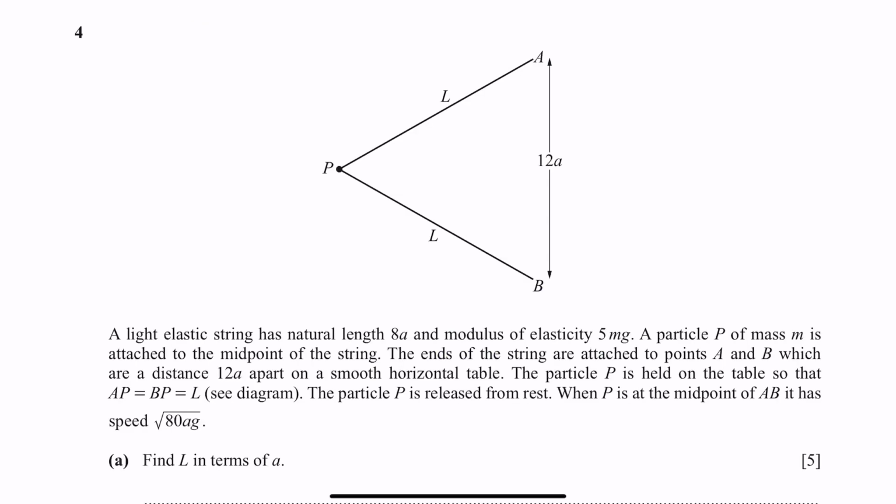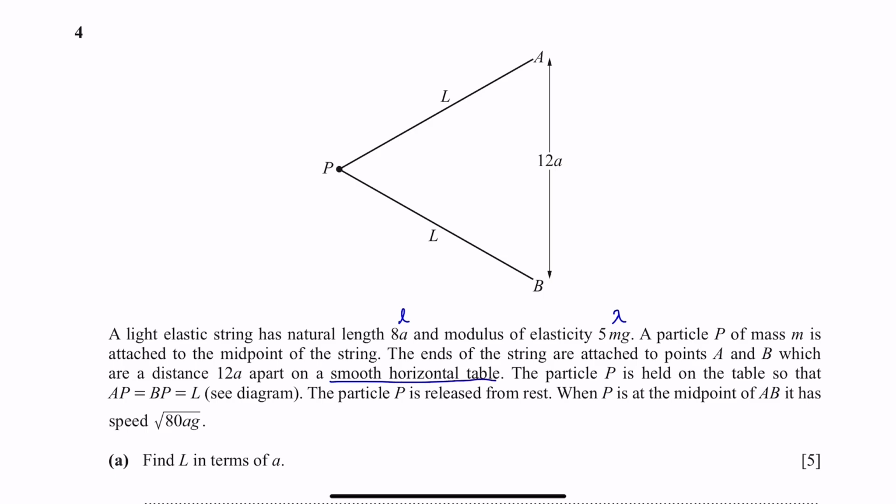For question 4, we have a light elastic string with natural length of 8a, so let's call this L, and the modulus of elasticity is 5mg, so let's call this lambda, and a particle P of mass m is attached to the midpoint of the string. So the ends of the string are attached to points A and B, which are a distance 12a apart on a smooth horizontal table.